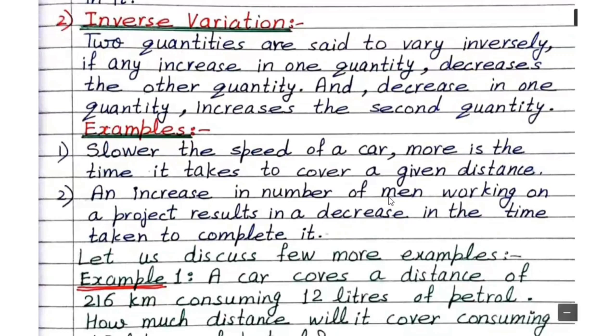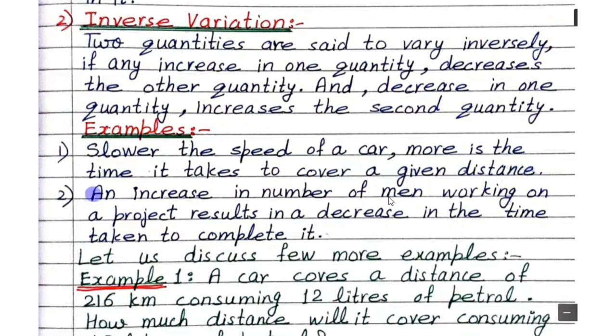Clear? For example, number one, the slower the speed of a car, the more is the time taken, right, to cover the given distance.